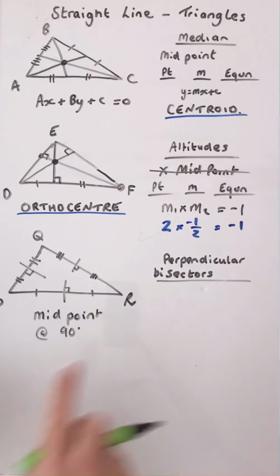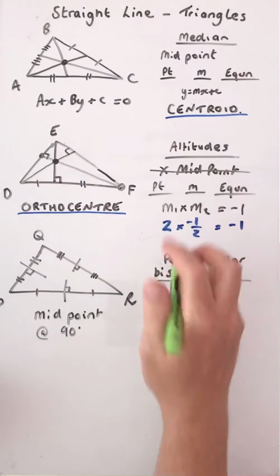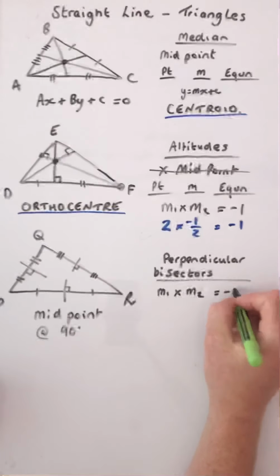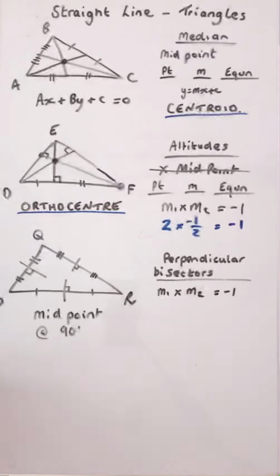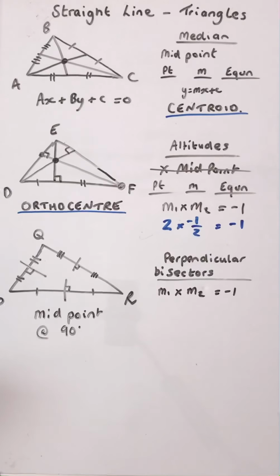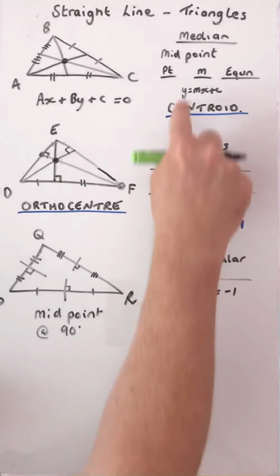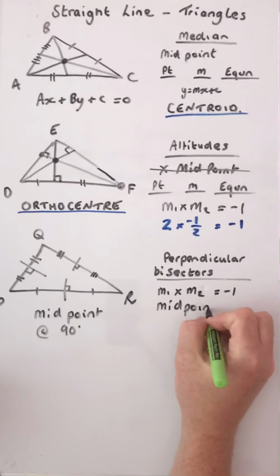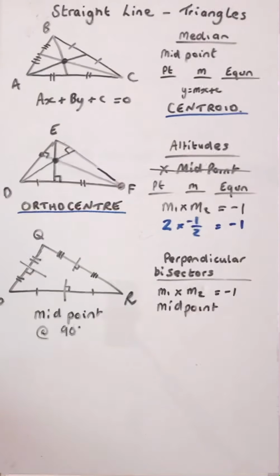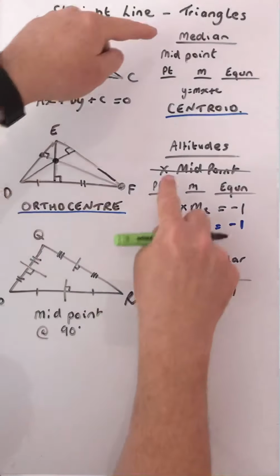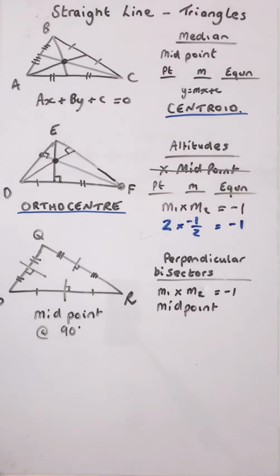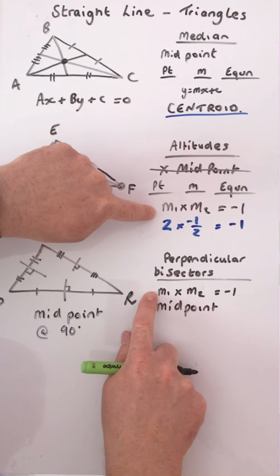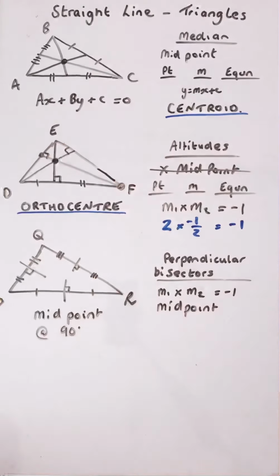So for the perpendicular bisector you need this property here as well: the product of the gradients is -1. You will also need the midpoint. So you'll see this as a combination of what we have seen already: your midpoint, and the product of your gradients is -1.